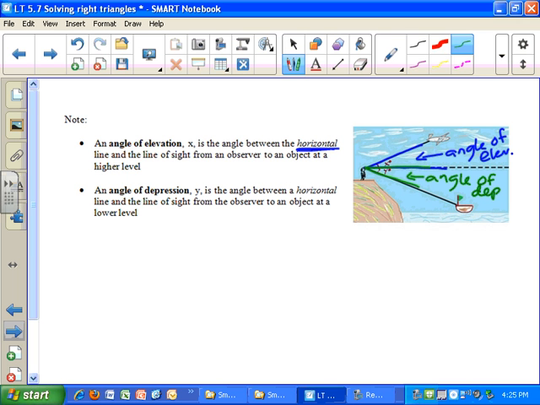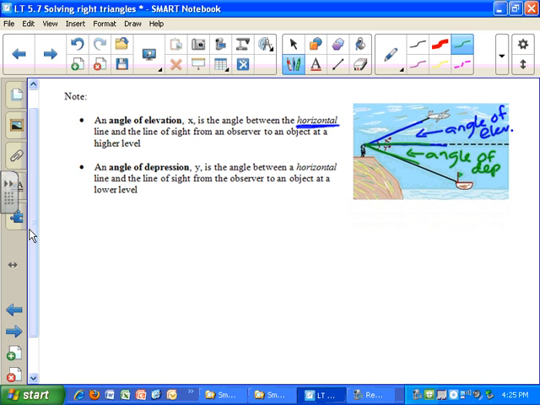So I'll give you an example of what a lot of people do incorrectly. There might be a word problem that says there's a building, and from the top of the building, maybe there's something down here on the ground, and it says the angle of, or sorry, not the angle of elevation, the angle of depression from this point down to a point on the ground is 40 degrees. And people will say, well, that angle of depression is 40 degrees, so they label it right there.